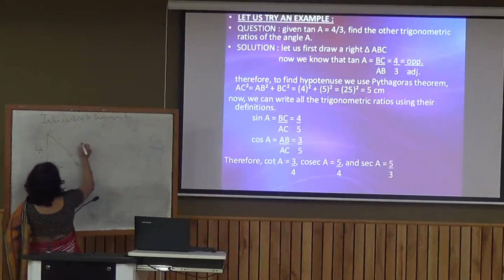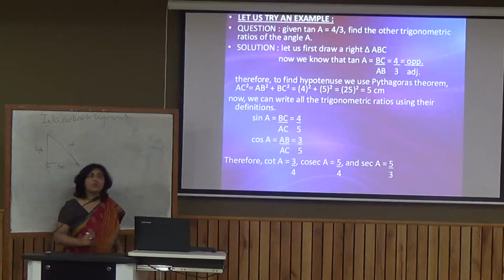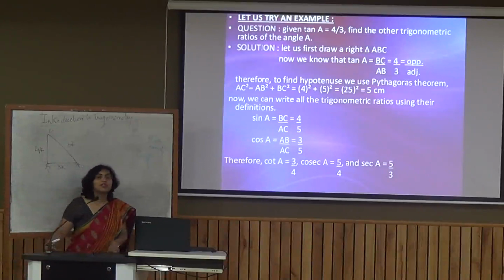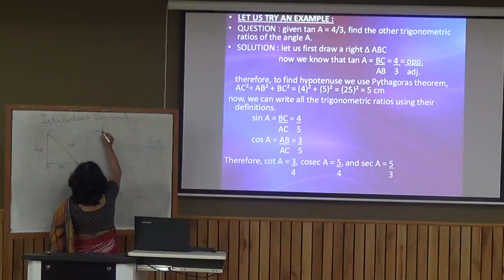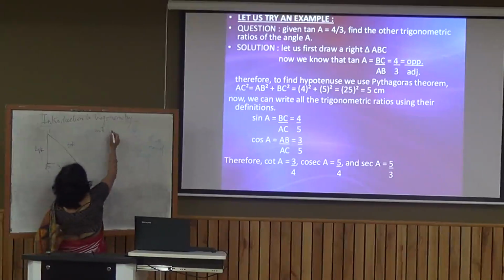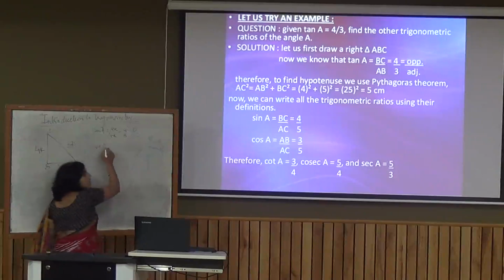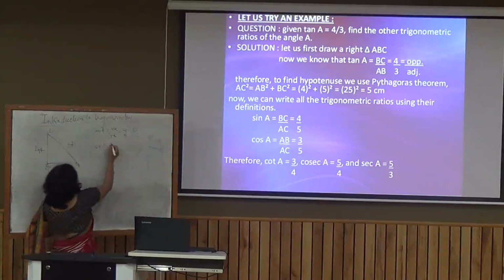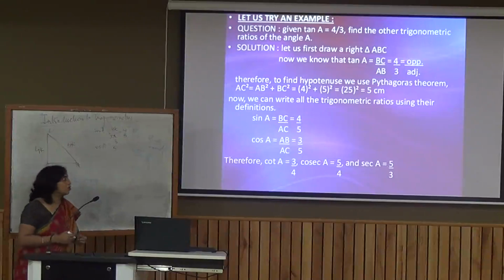By the Pythagoras theorem, the hypotenuse will come out to be 5K. Now we can easily find our other ratios. Sin A will be 4K upon 5K, that gives us 4 upon 5. Cos A is adjacent upon hypotenuse, that gives us 3 upon 5. Tan A is already given, and we can find cot, cosec and sec by taking the reciprocals.